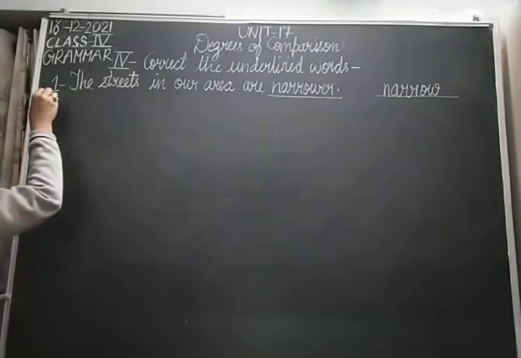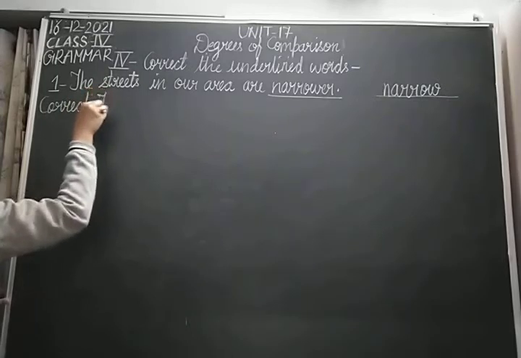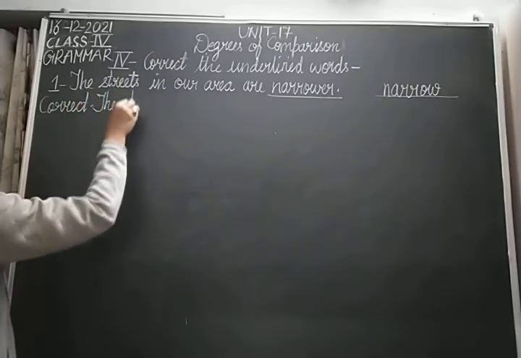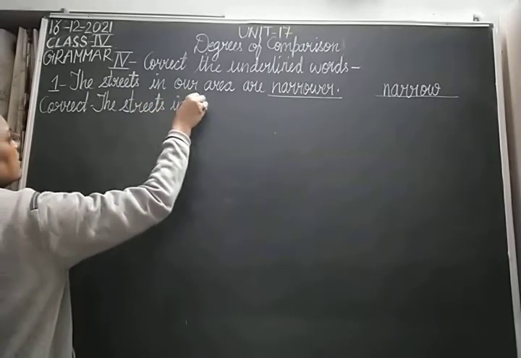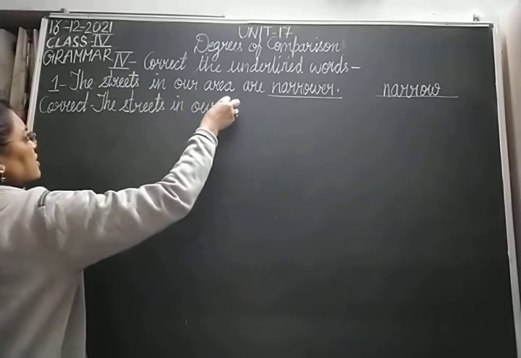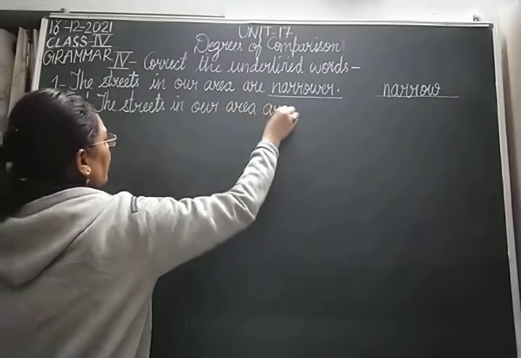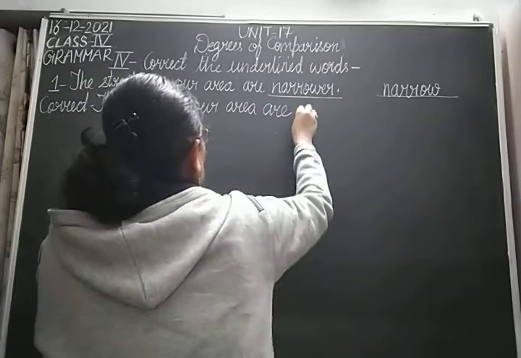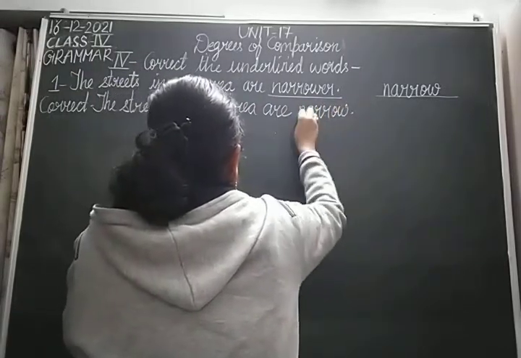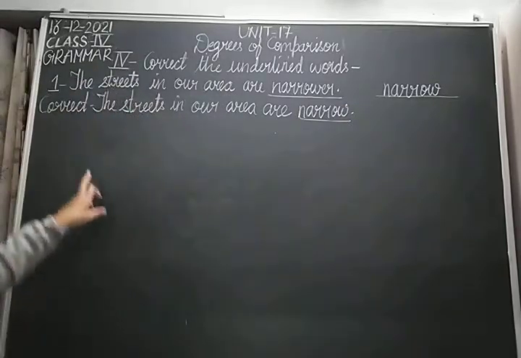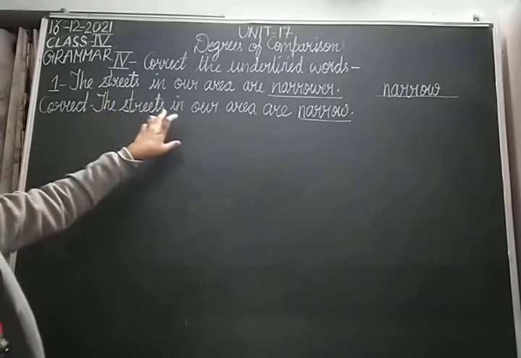So our correct sentence will be: the streets in our area are narrow. The streets in our area are narrow. We will use the positive degree. Why? Because we are simply describing the streets.